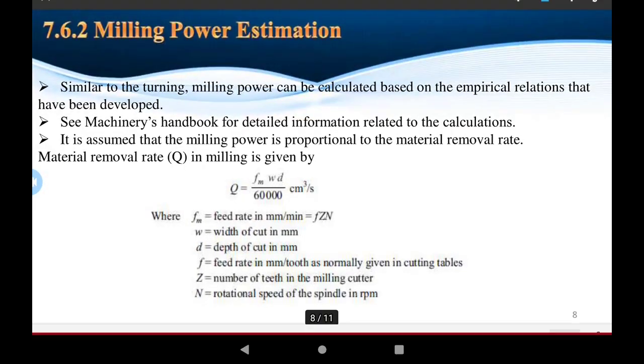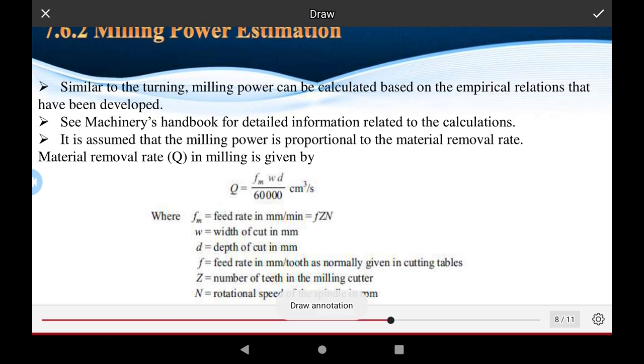Here are the standard values used in this formula. Small f_m is the feed rate in mm per minute, and f_m equals f z n. Here f is the feed rate per tooth, z is the number of teeth on the tool, and n is the rotational speed of the spindle in rpm. Small w is the width of the cut, and small d is the depth of cut.